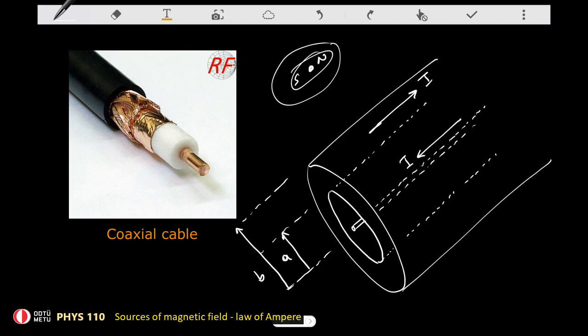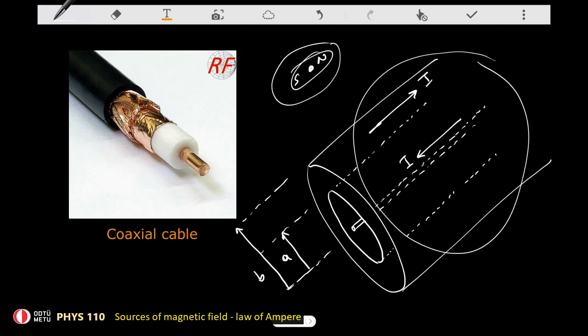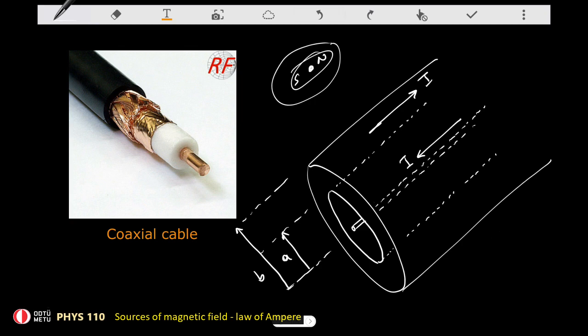Somehow, with this design, you minimize the interaction of the current flowing on the wire with outside physical systems. That doesn't mean that the interaction is zero, but it is minimized, and that's why this kind of design is preferred for these kinds of jobs.